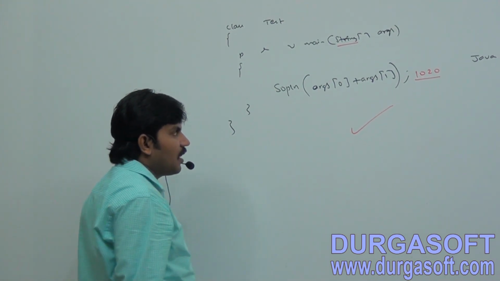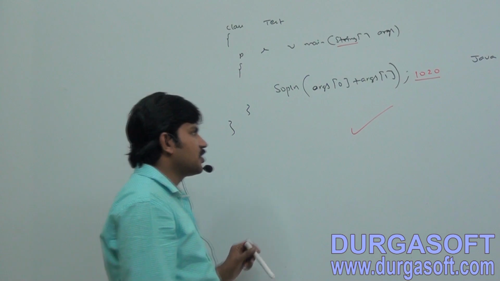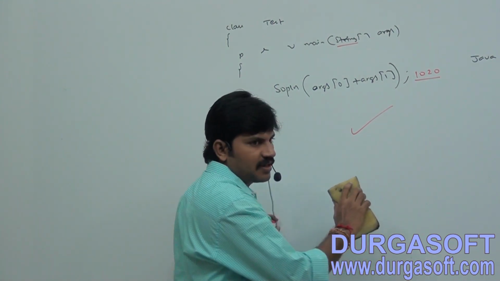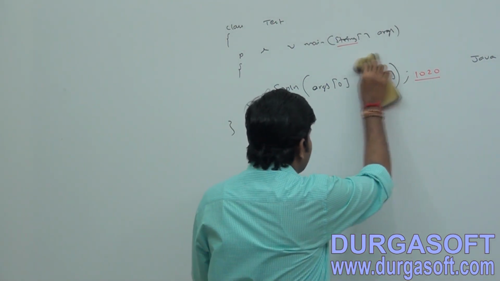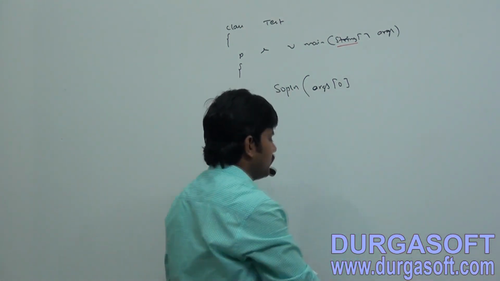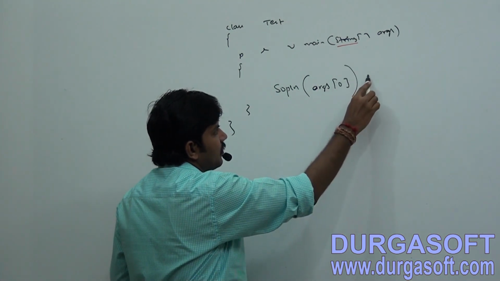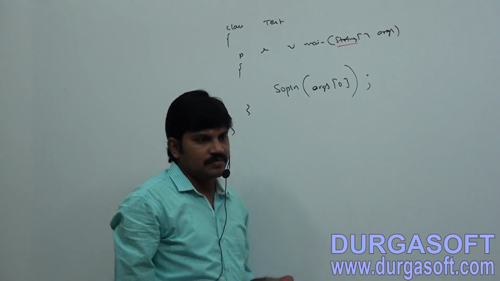Now the last case, case 4, same example with a small change. Completed, right? Next, I am taking simple, not much difference. Here see, I am trying to print args of 0, that's all.